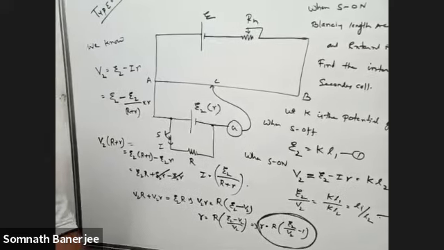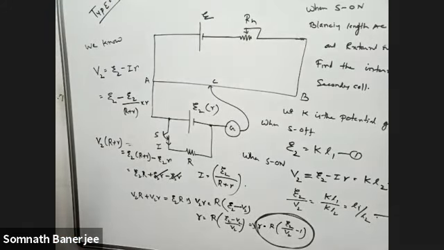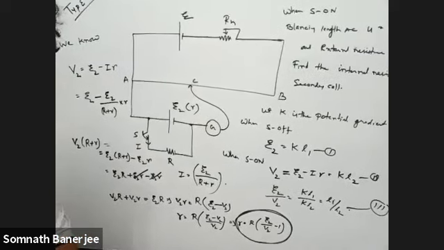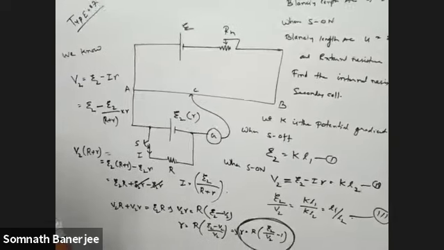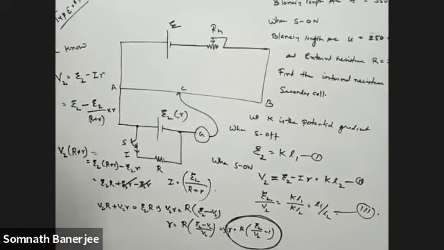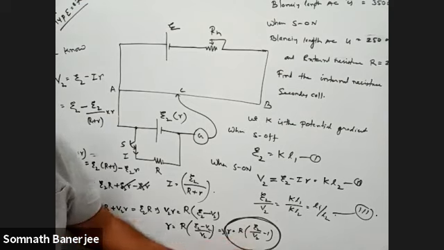So what we have to write: small r equals capital R into (E2 by V2 minus 1).